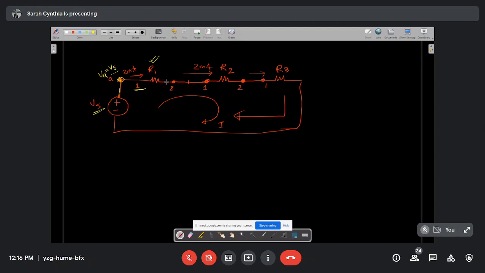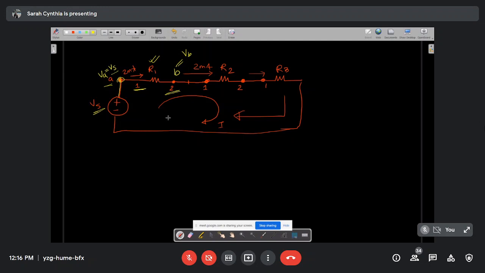So after the voltage drop, the node voltage of this particular terminal, that is terminal 2, won't have the same voltage as it was at node A. So this will be termed as a different node. Let us say this is node B. Okay, so node B will have a different voltage value. Let us say that it is VB.